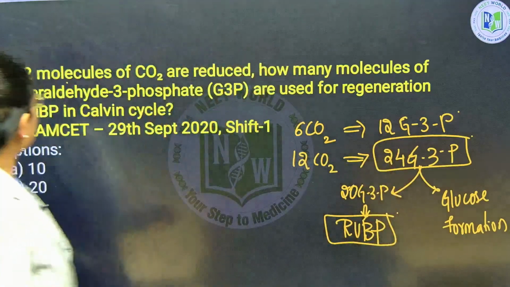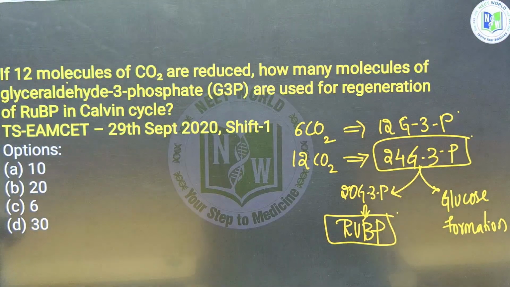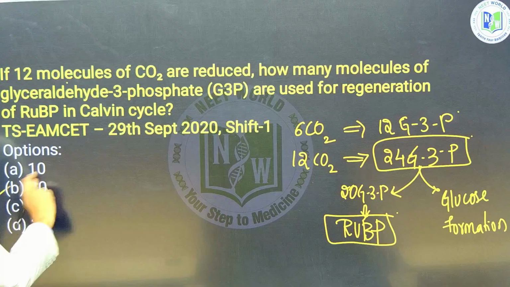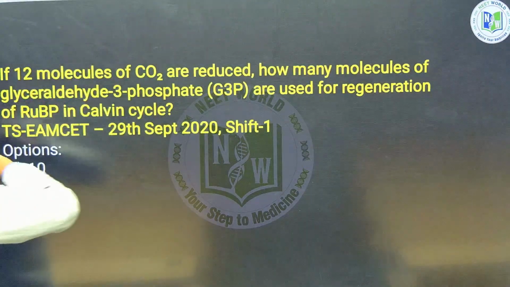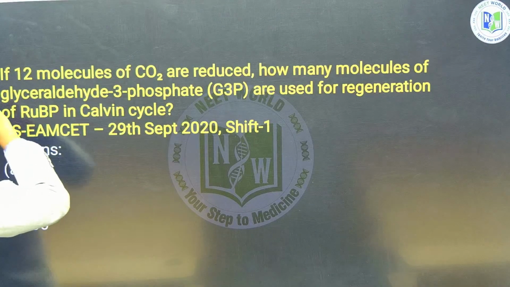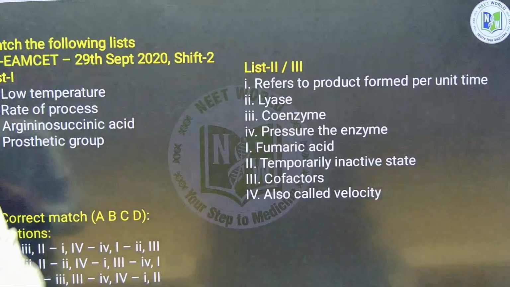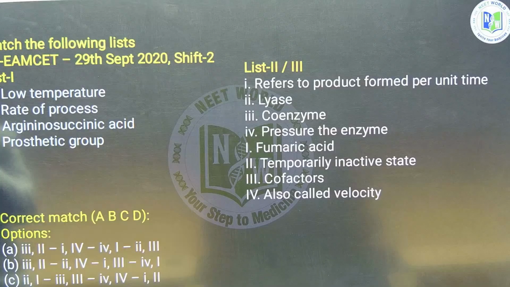Clear, right? So, here we go with how many are utilized: 20 G3P. Option B will be the right answer. Next question, which is a match the following type of question.